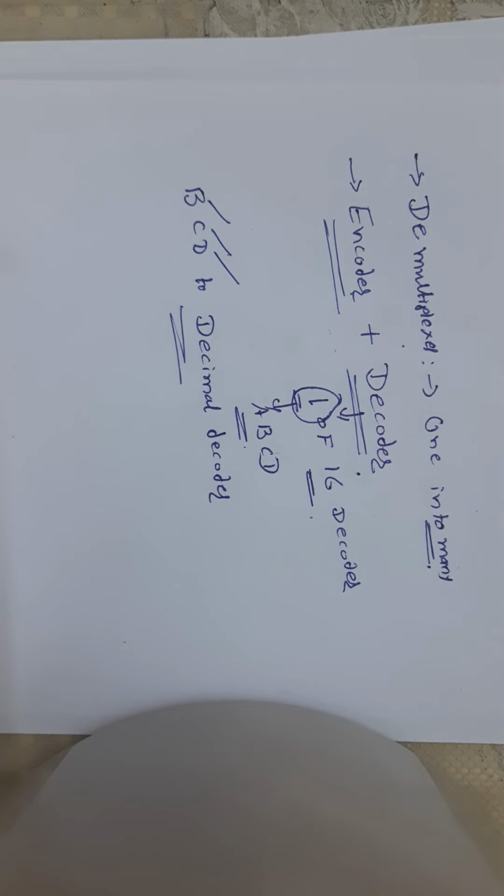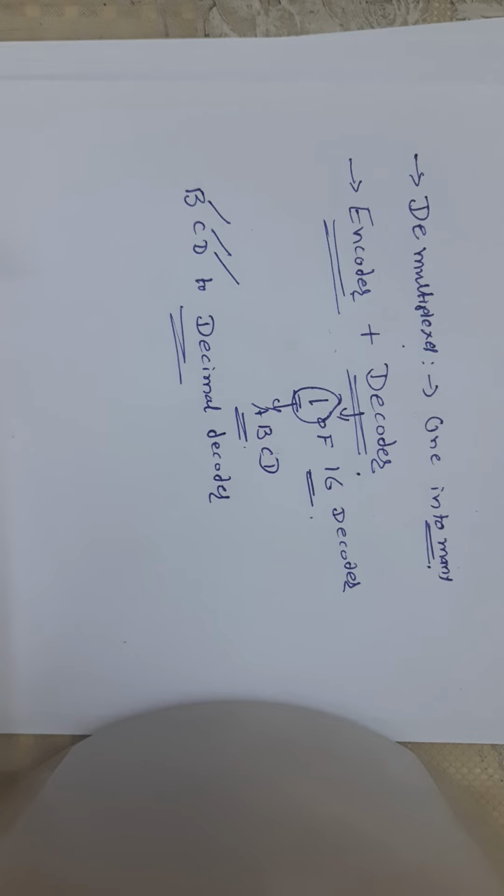The BCD code expresses each digit in a decimal number by its nibble equivalent. What is a nibble and what is a byte? A nibble means 4 bits and a byte means 8 bits.